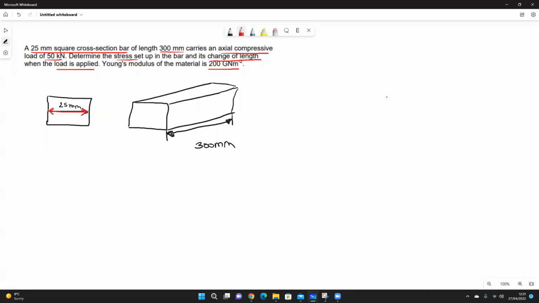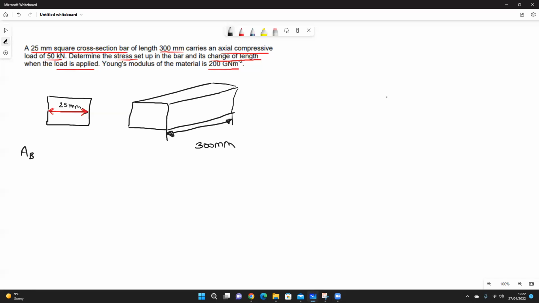I've just drawn here this bar. We can see it's got a length of 300 and a cross section of 25 millimeters. The first step in order to solve this problem is we need to know the cross-sectional area of the bar.